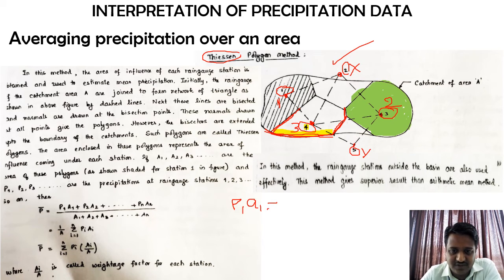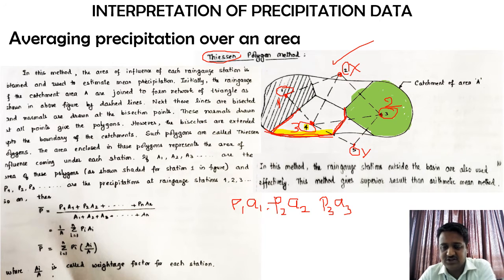Similarly, P2 is the precipitation at station 2 and A2 is the effective area of that, and similarly P3 is the precipitation at station 3 with area 3. So keeping this in mind, whenever I want to determine the mean precipitation over this entire area, I need to make sure that the same general equation I showed in the previous slide applies here.